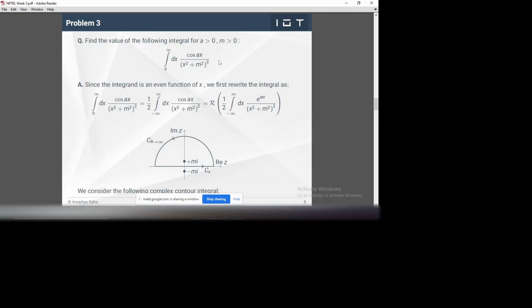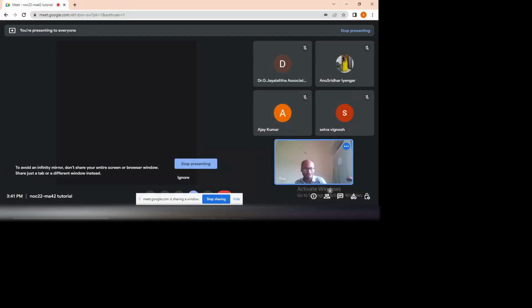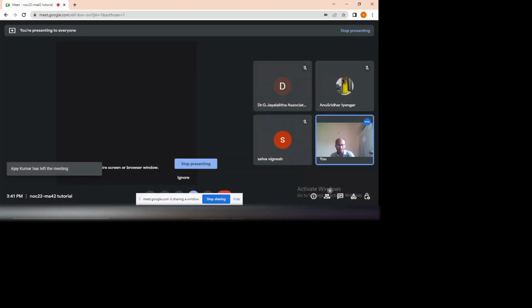That will give us the desired result. So multiply this by half and take the real value, and this is already real. So we just multiply it by half, and after multiplication by half, we get this result. So this is our final result. This concludes this problem.